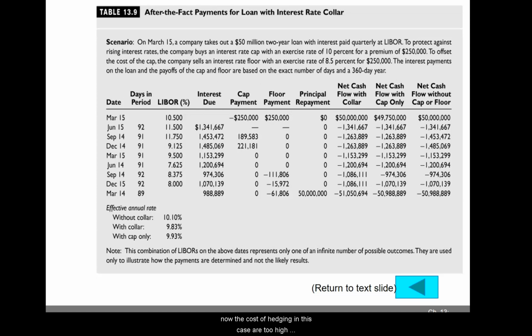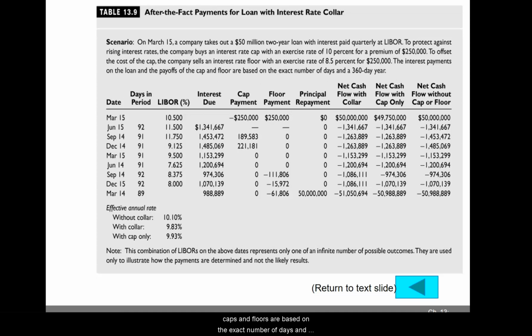Now, the cost of hedging in this case is too high, $250,000. To offset some of the cost, the company is selling interest rate floor with an exercise rate of 8.5% for $250,000. The interest payments on the loan and the payoffs of the cap and floors are based on the exact number of days and a 360-day year. And this is an illustration.